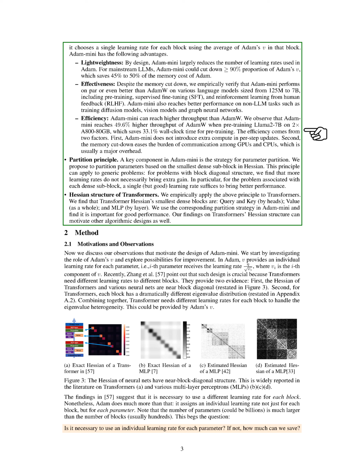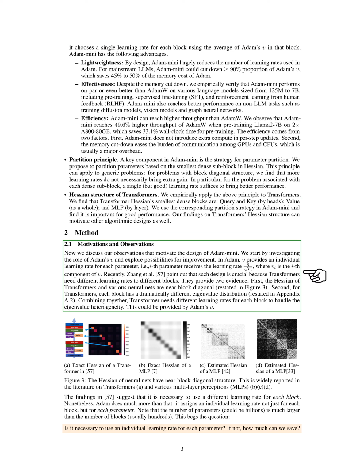Section: Method. In this section, we will discuss our observations that inspired the creation of Adam-mini. We began by examining the role of a key component in Adam, denoted as v, which assigns a specific learning rate to each parameter. This individualized learning rate allocation is crucial for transformers as different blocks require varying learning rates.